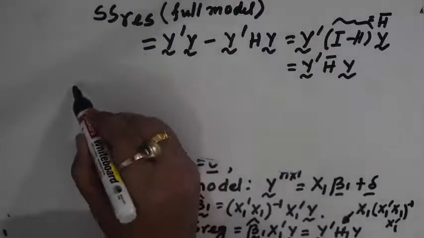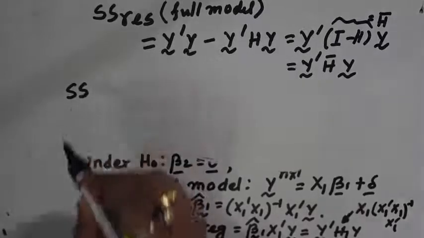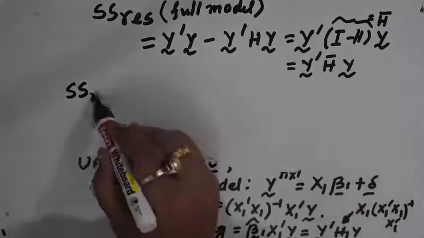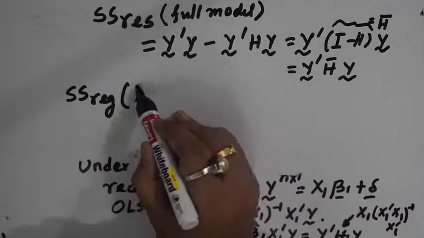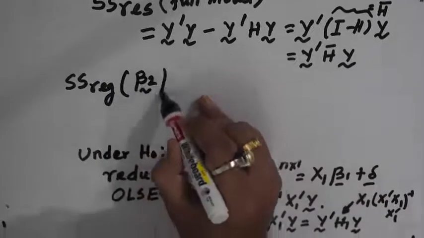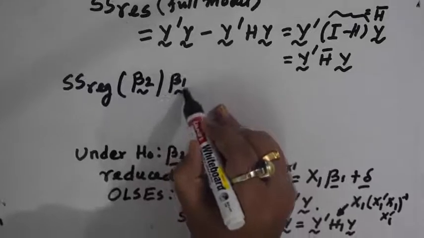Now define SS due to regression beta 2 curl given beta 1 curl.